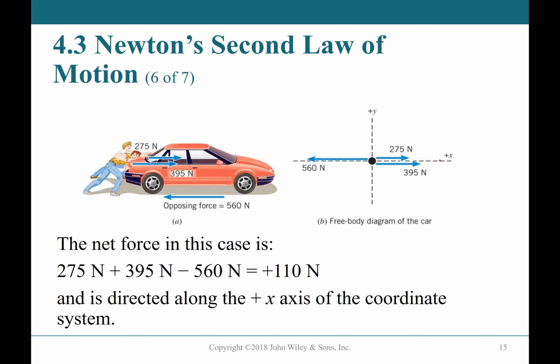So where is the acceleration? Well, if it was at rest and now it has some velocity because it had to move, that of course is my acceleration. So my force then, if I knew the mass of this car, I could tell you what the acceleration is.